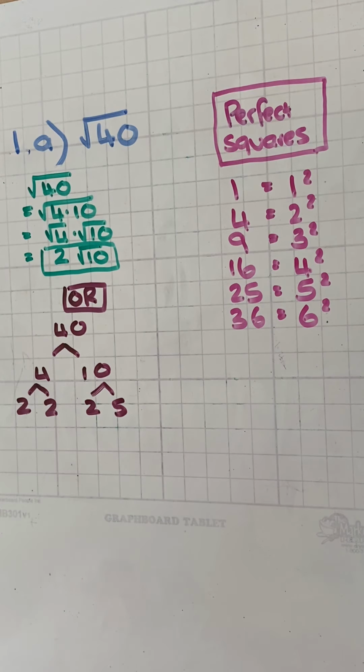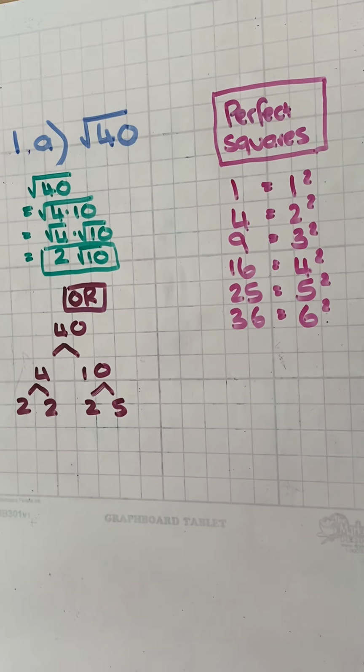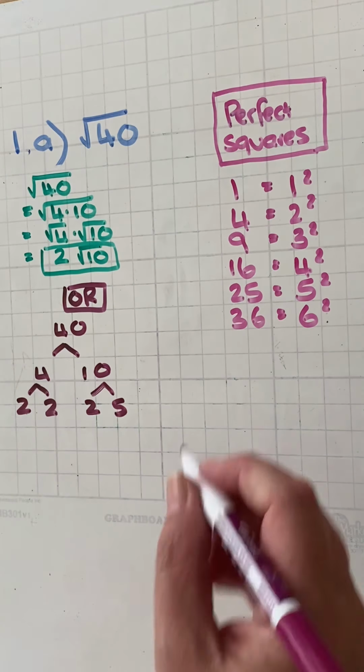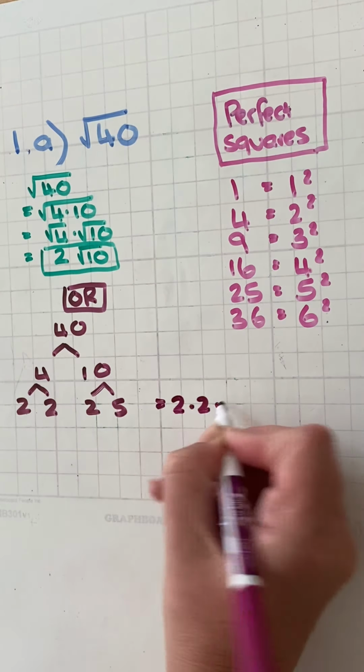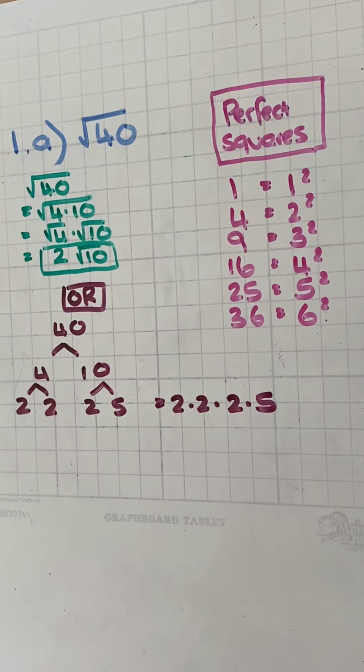And then you're going to look for factor pairs, because when I have a factor pair like 2 times 2, that actually means that that is a perfect square. So you could, if you wanted to, write this out as a product of prime numbers, so it would be 2 times 2 times 2 times 5. And the 2 times 2 is 4, the square root of 4 is 2.